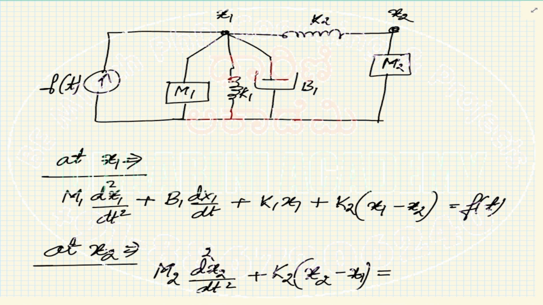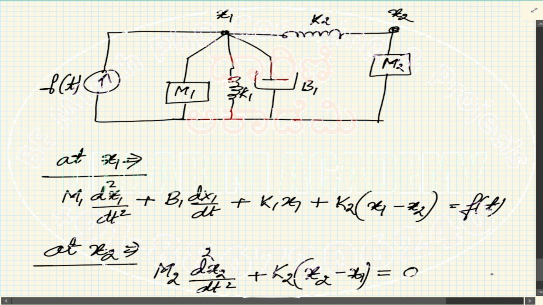See the previous equation. At x1, I wrote f of t because there was an input being provided. Here, zero. So no input. So this has to be zero.